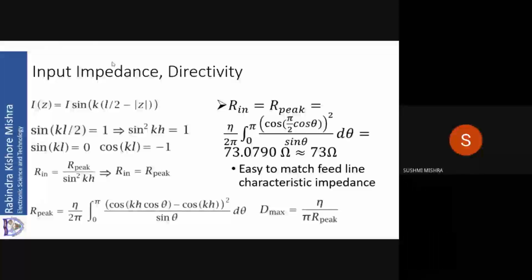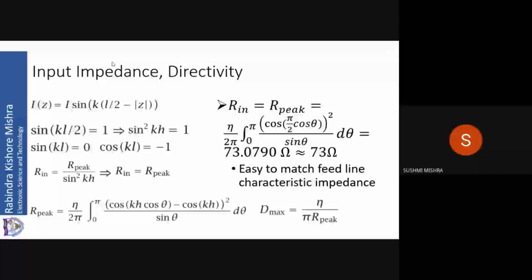We know the expression for R peak. R peak is equal to eta upon 2 pi integration 0 to pi of cos KH cos theta minus cos KH, whole square, divided by sin theta d theta. We have seen how to evaluate this. Here KH is equal to pi by 2, so cos KH is equal to 0.